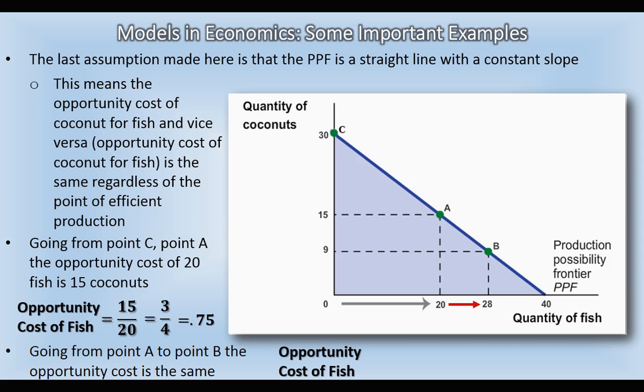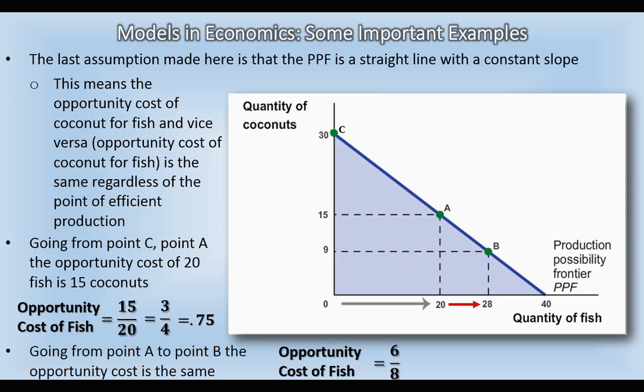And we can look at it from the opposite perspective as well. What is the opportunity cost of fish? Let's say we're trying to figure out the opportunity cost of going from 20 to 8. Actually, this is not from the opposite perspective. This is the same thing, but we're just moving along the production possibility frontier, and I'm just trying to highlight here that the trade-off doesn't change.